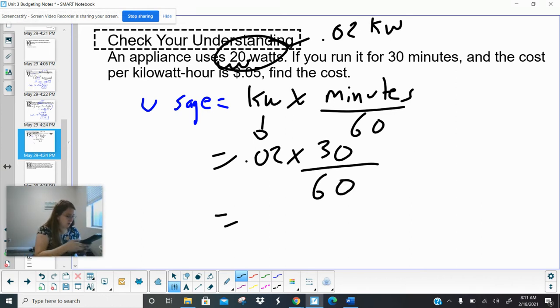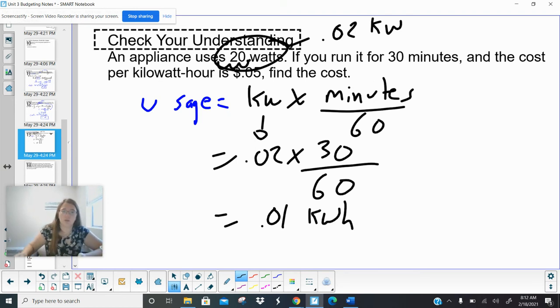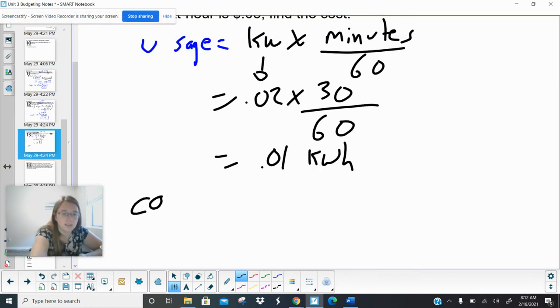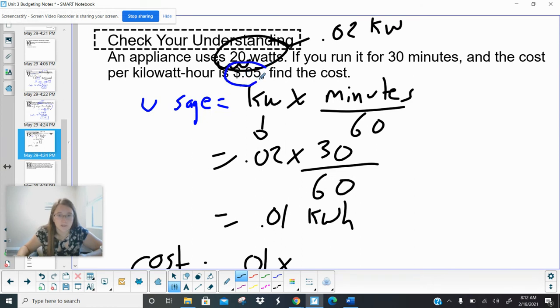So we've got 0.02 times 30 divided by 60. We get 0.01 kilowatt hours. So this is the actual usage. Our cost then is 0.01 times, in this case it's 0.05.